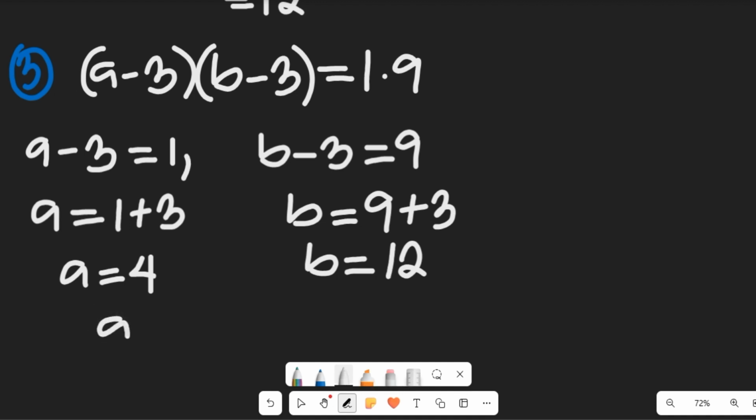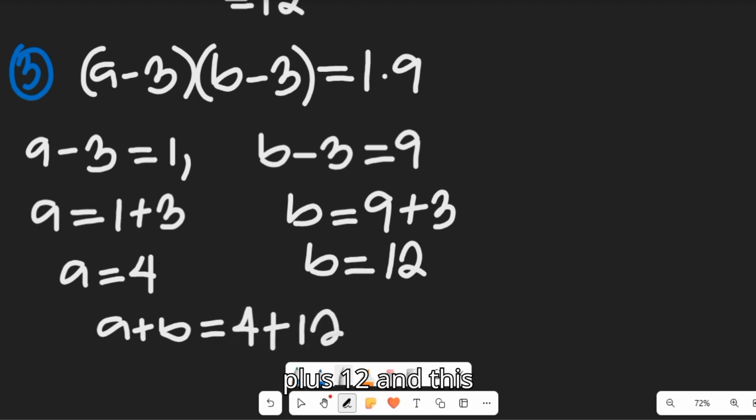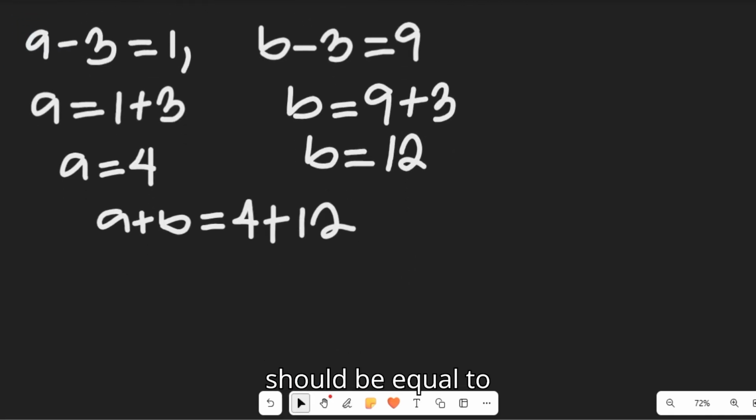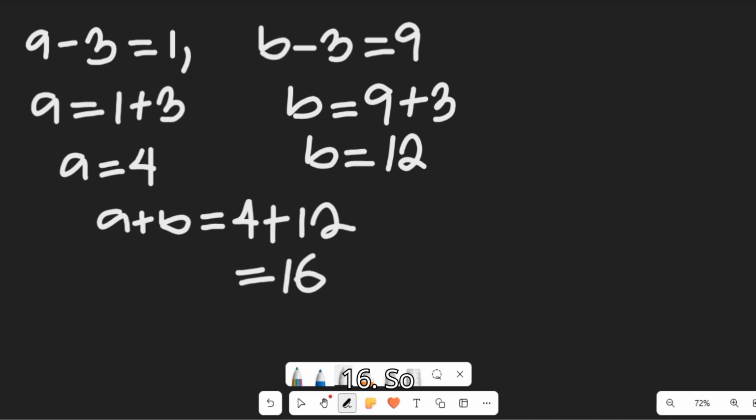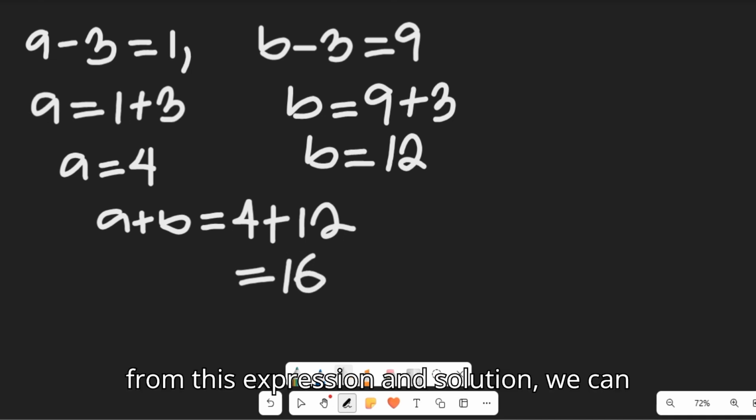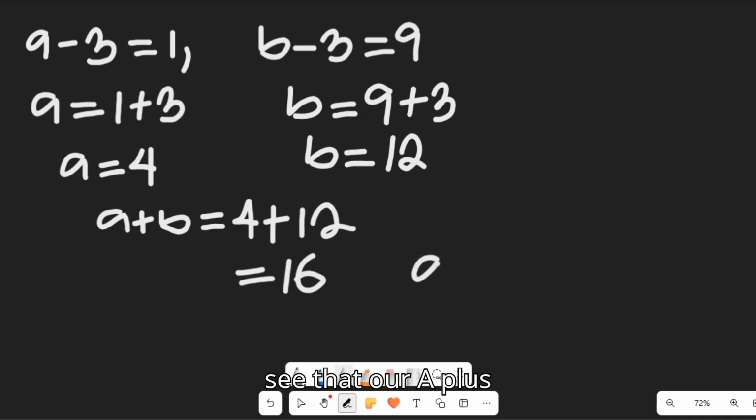So a plus b will be equal to 4 plus 12, and this should be equal to 16.